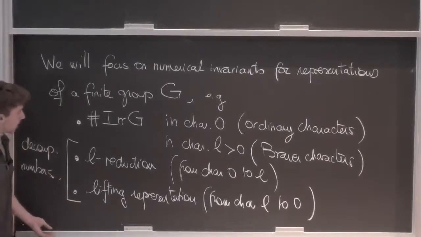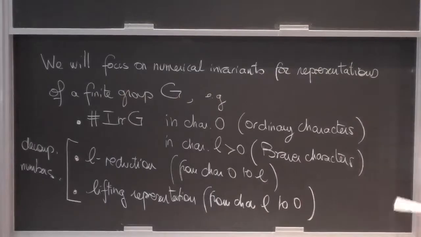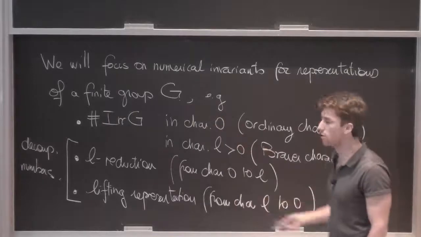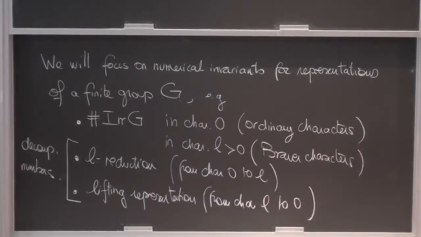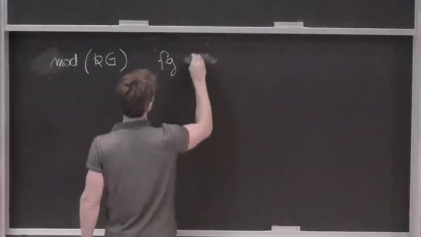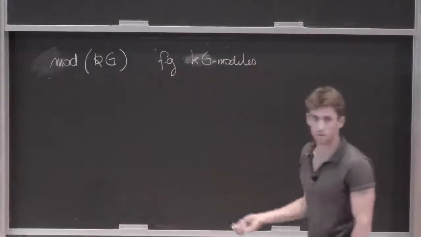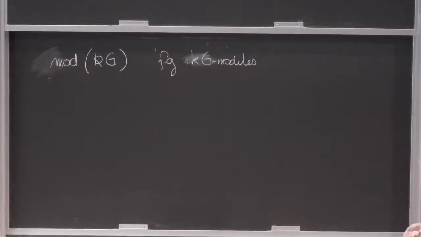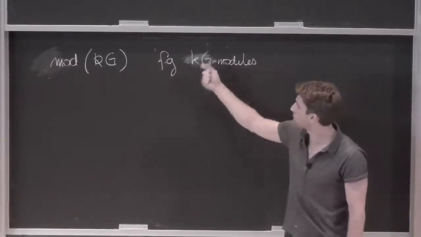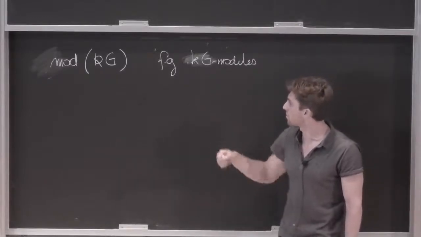Okay, so that's maybe another way of saying this: if you really want to understand the representations of this group over some field K, you can try to understand the finitely generated modules, or KG-modules, which means if you want to understand the category, you have to understand, of course, the objects, the modules themselves, but also the maps between them, the extensions, and so on.